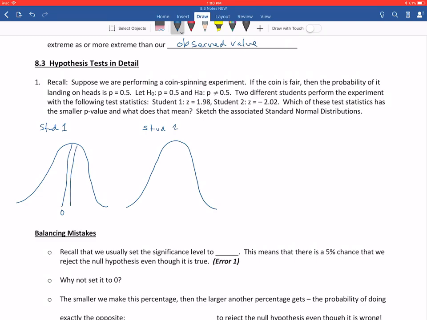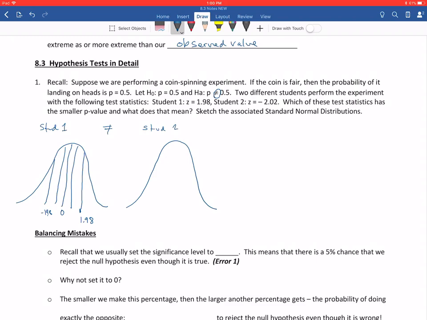The first student's z-value was 1.98, so that z-value is right here, let's say. But what's important to note again is this was a two-sided or two-tailed test. So when we find the z-value, it ends up on both sides.